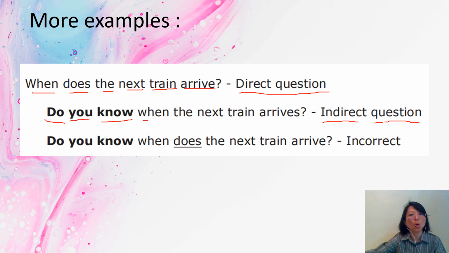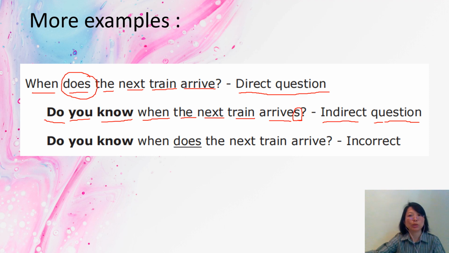Then you write when the next train arrives. I put an S here. Why I put an S here? Because in the direct question, we have the does here. So when you have the does here, in the indirect question, you don't use does anymore. What you need to do is you put an S to the word arrive.